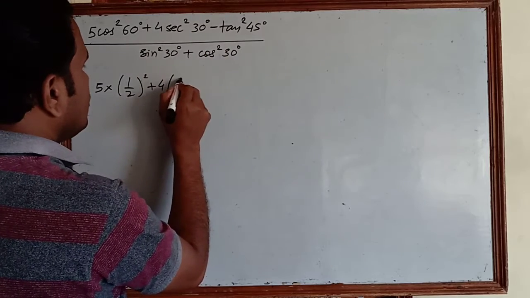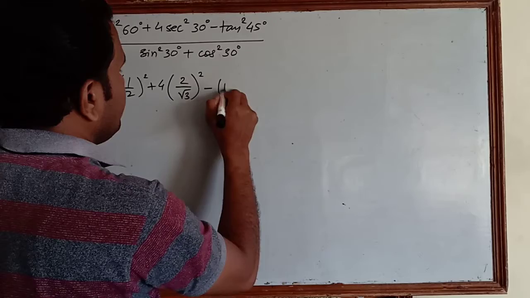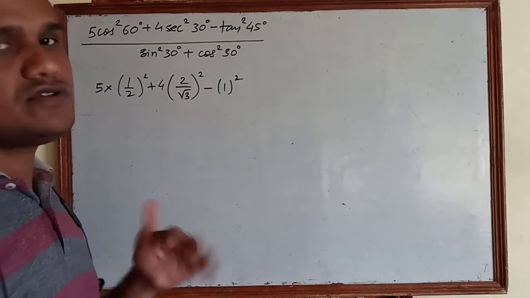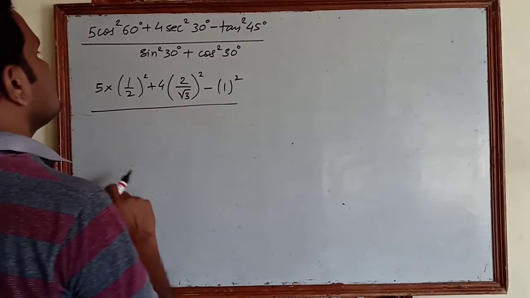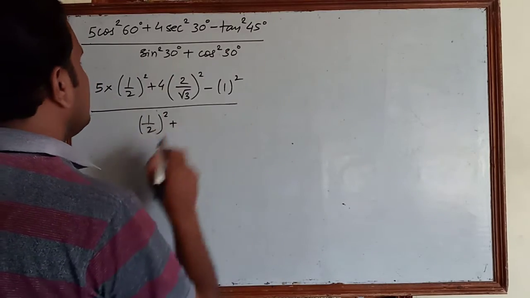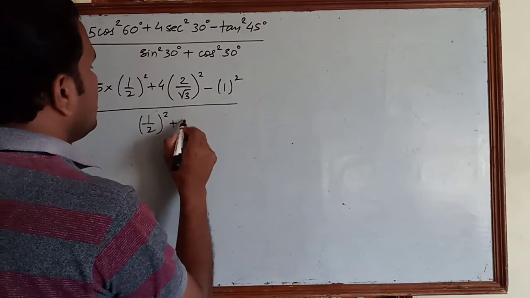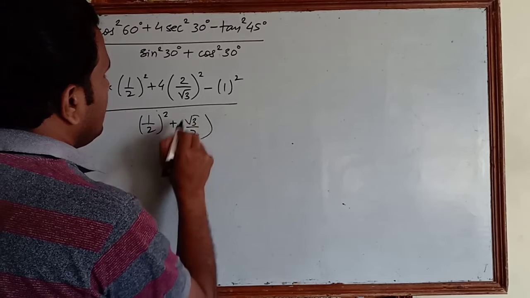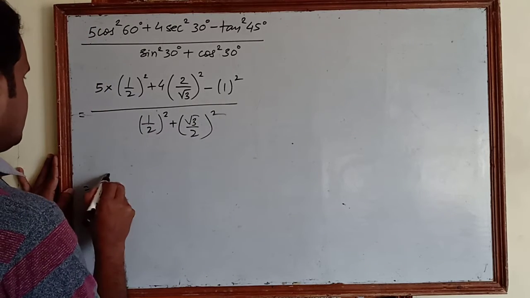Sec 30 is 2 by root 3 square minus tan square 45. Tan 45 was 1. So tan square 45 will be 1 square upon these values. Sin square 60, 1 by 2 square, sin square 30, 1 by 2 square, cos square 30, root 3 by 2 square. Okay, now simply solve it.